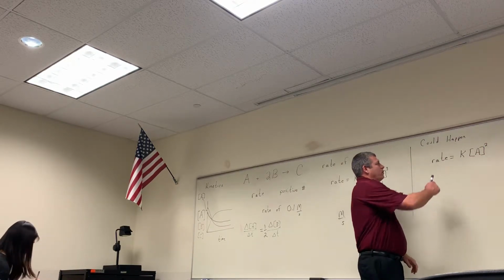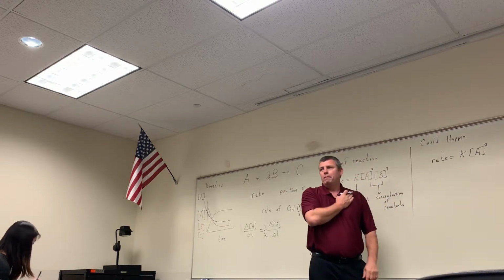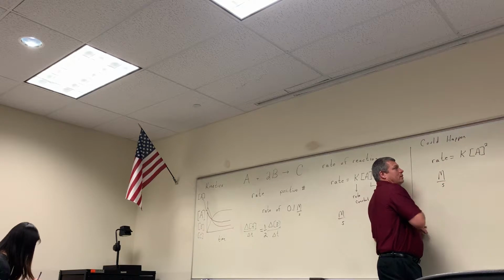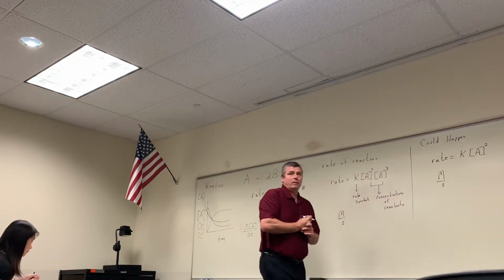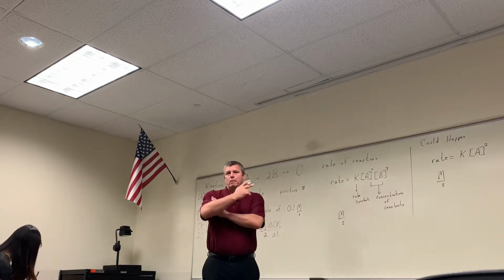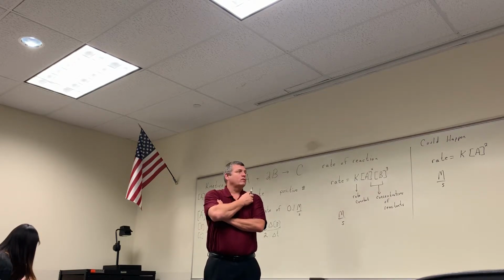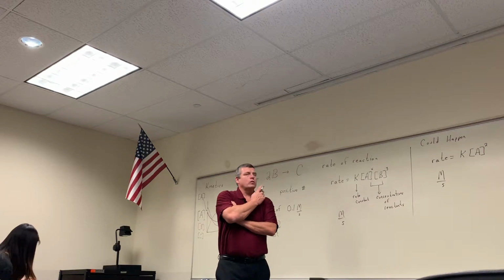So what are the units for the reaction rate always? Molarity per second. So what will the units for K be, the rate constant, in this example? Test questions, all sorts of things. What would the units for a rate constant be if this were the rate law?